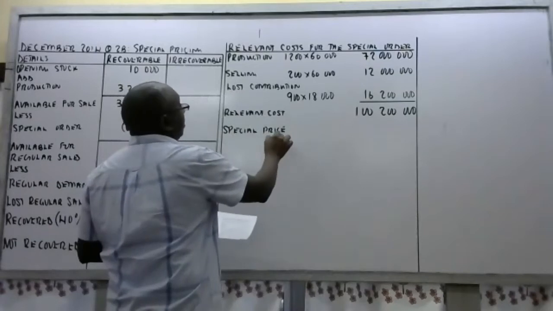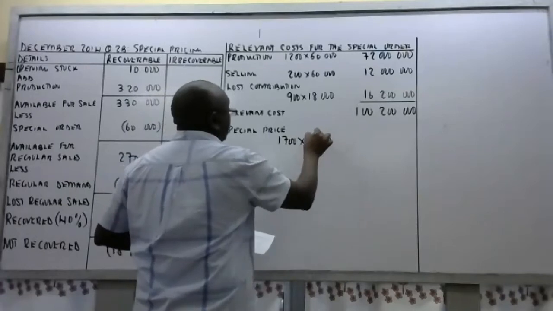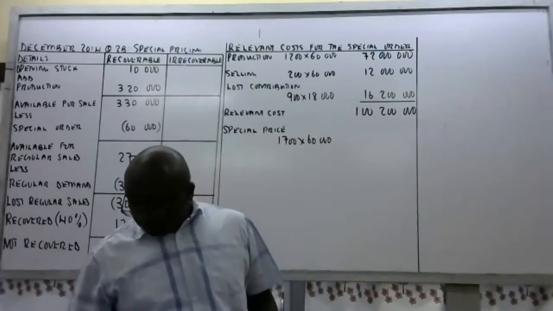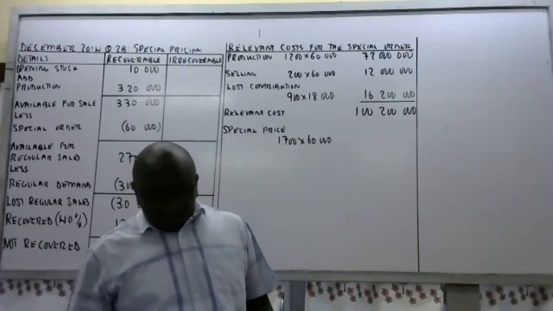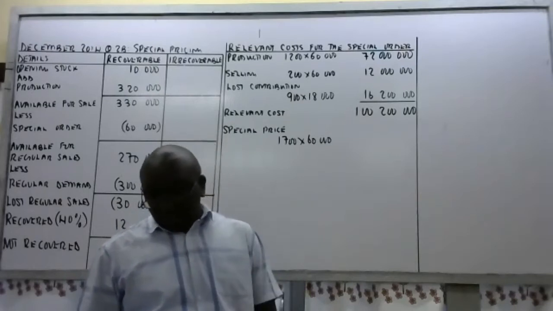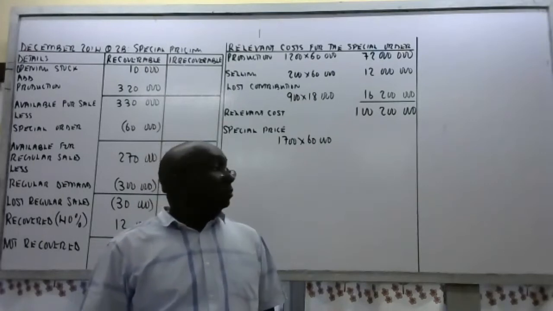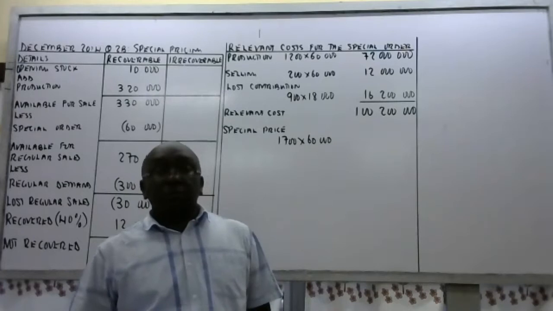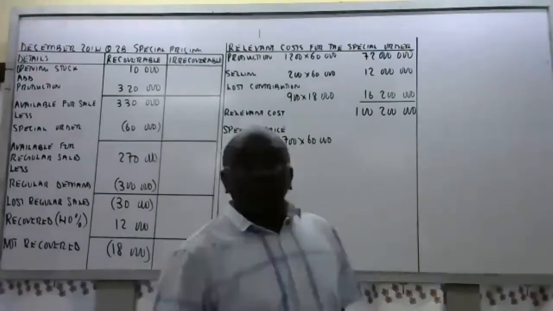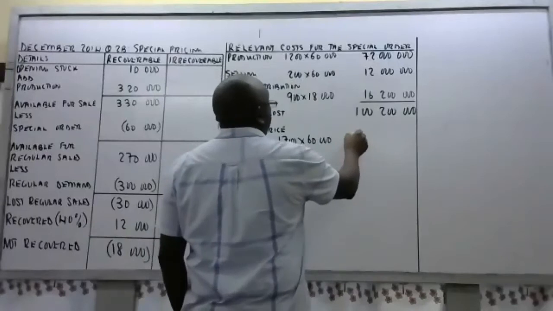So we are going to take 1,700 multiplied by 60,000. You multiply by 60,000, and you tell me how much that is. Yeah, 102 million. Good.